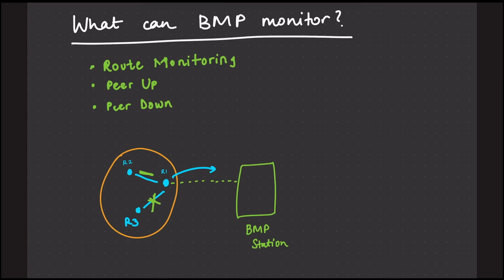The fourth type of message that BMP can send is a statistics report. Under this, the router can send the number of routes processed, some update counters, performance counters, etc. The last two messages are to do with the connection between the router and the BMP station.